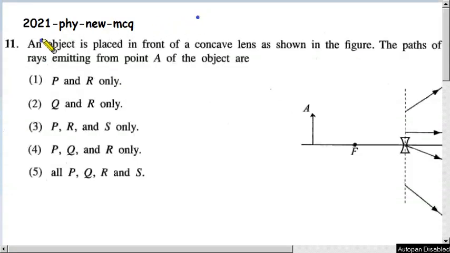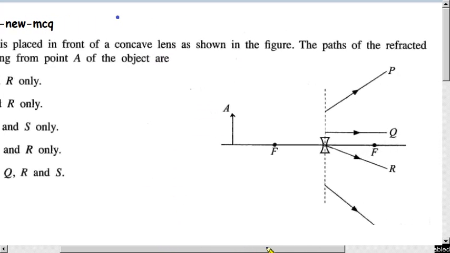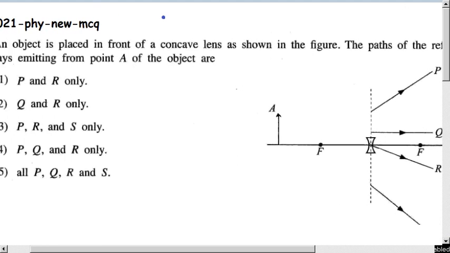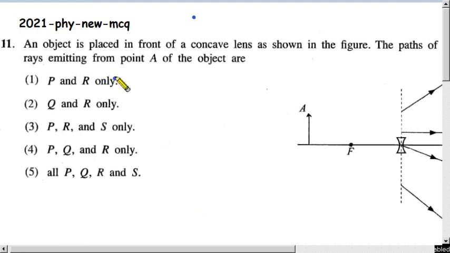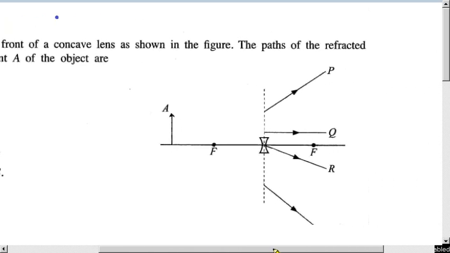So children, now let us do this question 11. An object is placed in front of a concave lens as shown in the figure. The paths of the refracted rays emitting from point A of the object are: P and R only, Q and R only, P, R and S only, P, Q and R only, or all P, Q, R and S. So they want us to decide what are the correct rays.